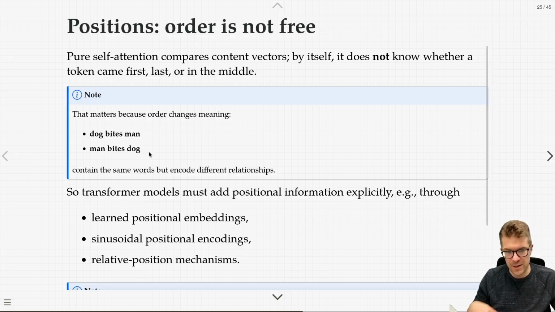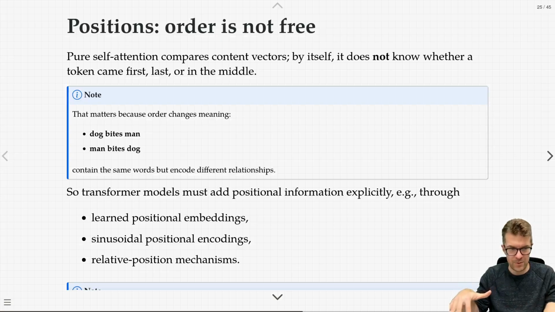But if I'm doing self-attention, if I'm representing the word dog, and I'm paying attention to the other words in the sequence, it doesn't really care whether man is before or after dog, or bites is before or after dog. It's just paying attention to these representations and how similar the representations for bites and dog and man are. So for how we've framed attention so far, dog bites man and man bites dog will look very similar to the attention mechanism.